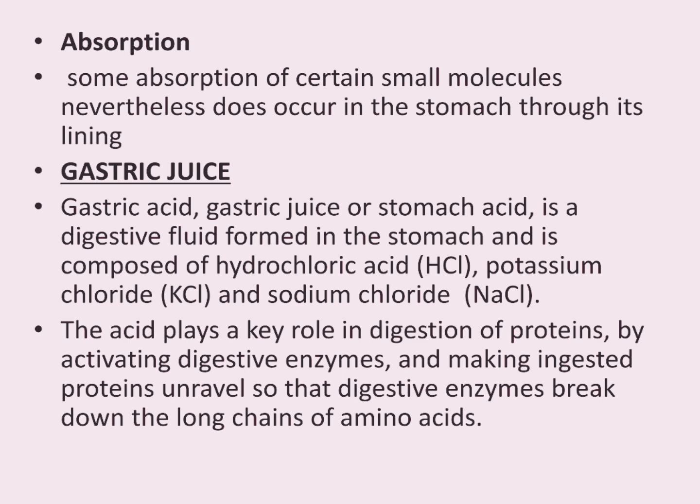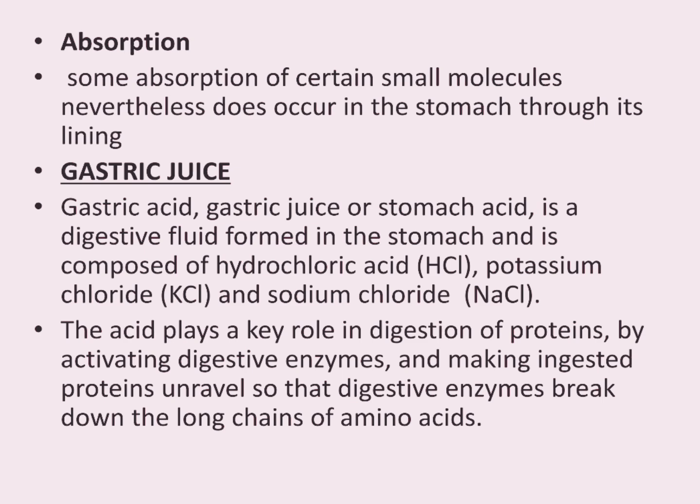As we know, the stomach produces gastric juice. Gastric acid, gastric juice, stomach acid all have one meaning. It is a digestive fluid formed by the stomach and is composed of hydrochloric acid, potassium chloride and sodium chloride.